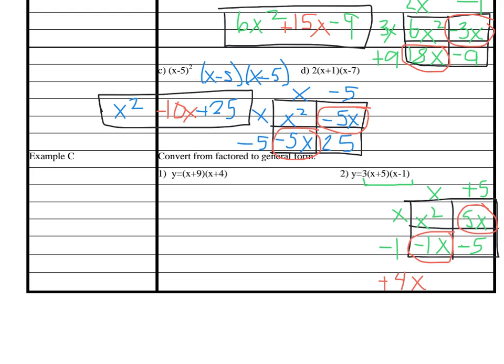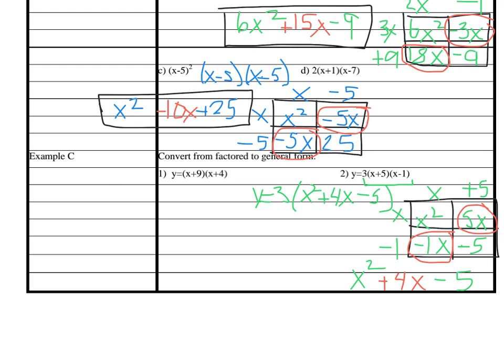And out front we will have x squared and negative 5. Next we need to rewrite the equation. So y equals 3 times what we just multiplied and got, x squared plus 4x minus 5.